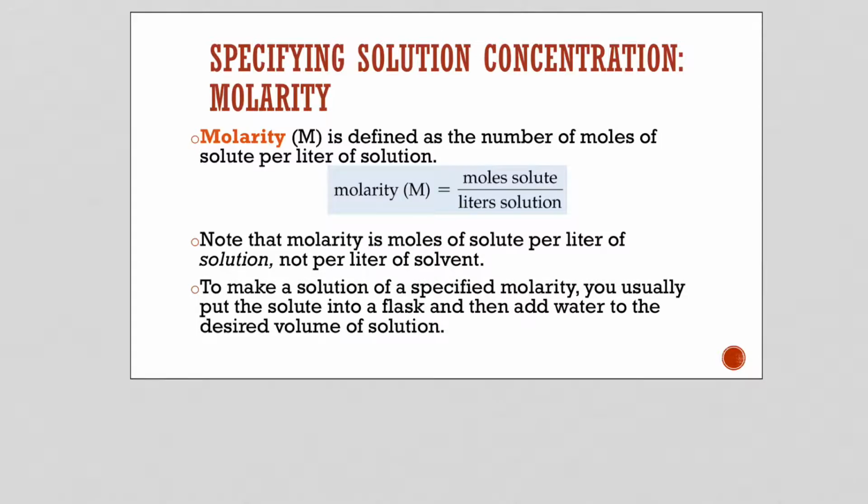And this is defined as the number of moles of solute per liter of solution, so volume of solution here. And molarity is abbreviated by capital M. So molarity, moles of solute over liters of solution. Now it's key that it's solution, not solvent, right? We need the volume of solution.